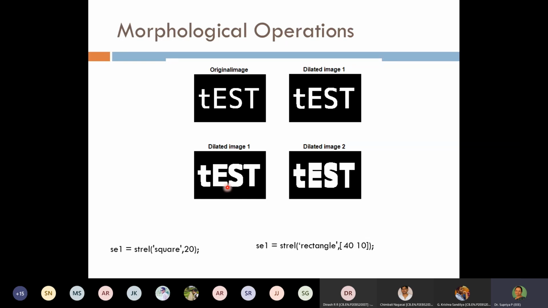So this is what is meant by choice of a structuring element. It could be either a square or a rectangle. It is not necessary to use 20. We can use 10, we can use 50. Any value is okay. Similarly, any value for the rectangle could also be used.